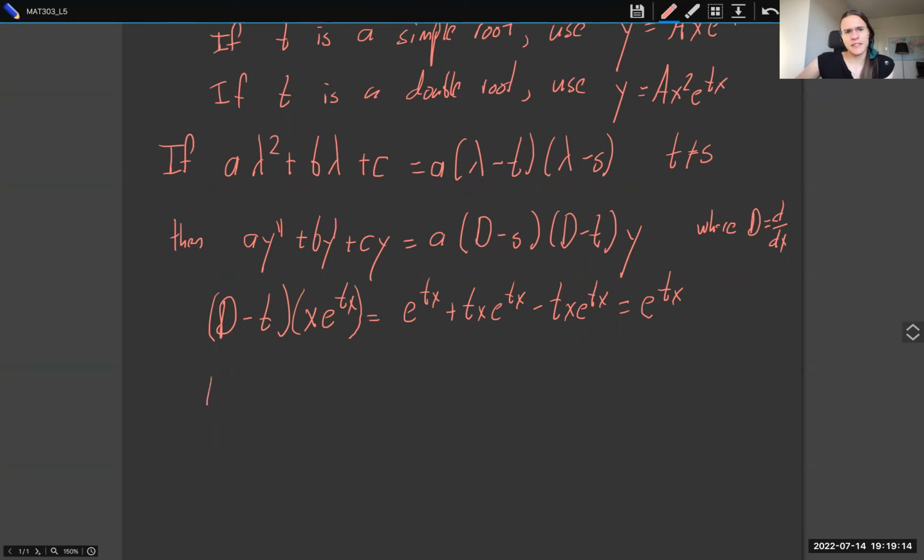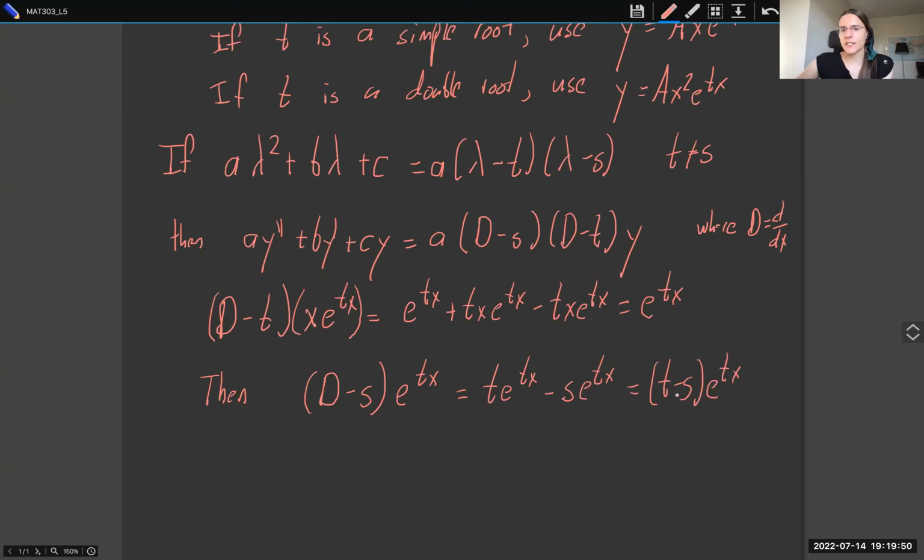Then D minus s of e^(tx) is going to equal t e^(tx) minus s e^(tx), which is (t minus s) e^(tx).